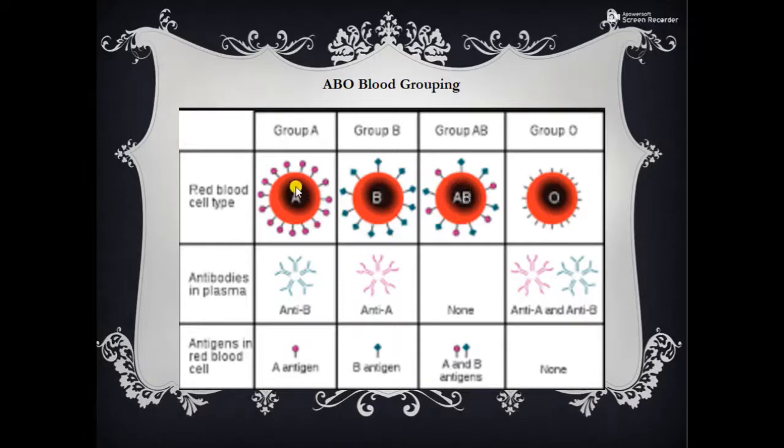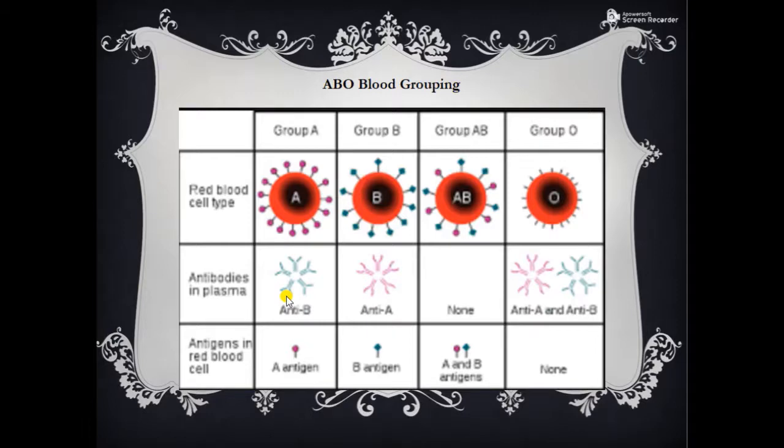And we all know that if you have an A blood group, in your plasma you have antibodies against B, that is, anti-B antibodies. If you have a B blood group, you have anti-A antibodies in your plasma.